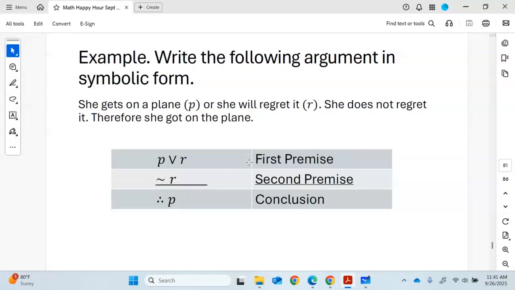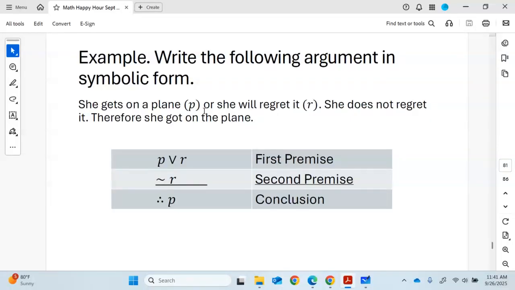I have an example to write down this argument in symbolic form. So I have, she gets on a plane, or she will regret it. She does not regret it, therefore she got on a plane. And this is very similar to how you see it on the homework.